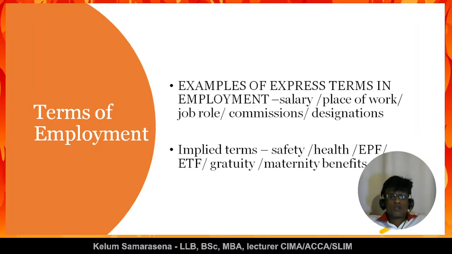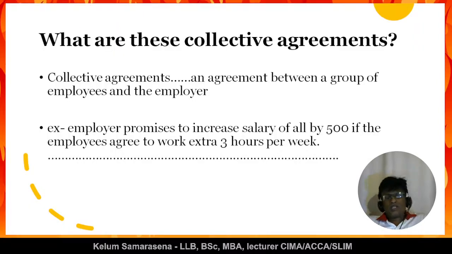So each and every implied term has a separate act in Sri Lanka. Other countries also, right? So express terms normally focus on the very necessary ones. The typical employment contract will have some terms at least which are spoken or written, right? Express. This is very, very important.